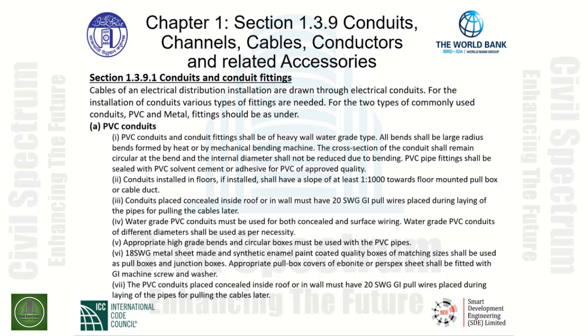Item number 7. The PVC conduits placed concealed inside roof or in wall must have 20 SWG GI pull wires placed during laying of the pipes for pulling the cables later.